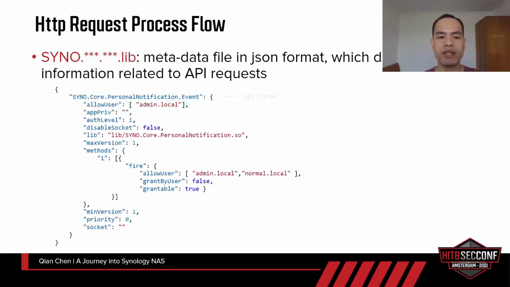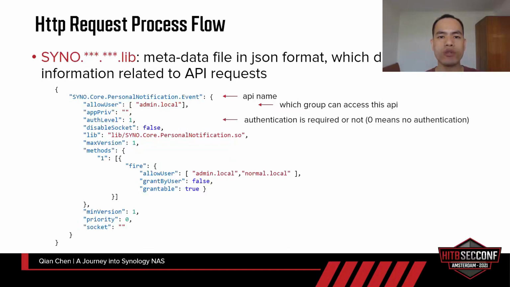Specifically, this is the API name specified in the request. The allow user field indicates which group can access this API. The auth level field means whether authentication is required or not. 0 means no authentication. The lib field specifies the path of the file to handle this request.